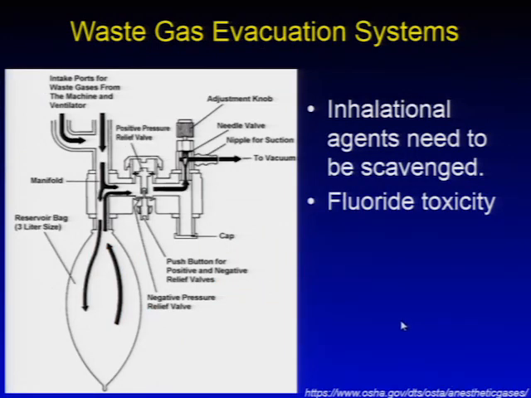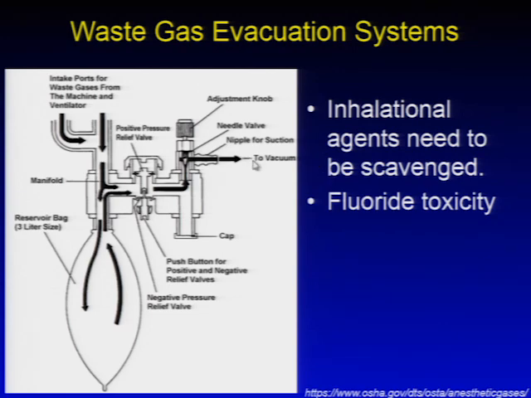So this is the schematic diagram of the waste gas evacuation system. As you can see, there's an active vacuum attached for the scavenging of the gas contaminated with the inhalation agent. Inhalation agent is not benign because it will produce fluoride, and that will cause toxicity.